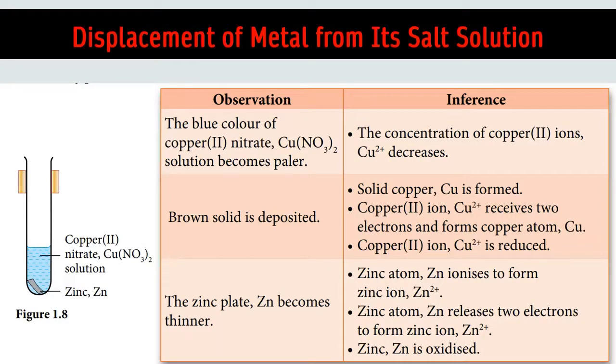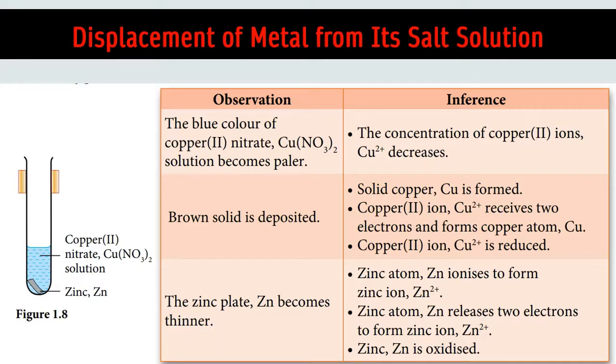Now, let us check the observations and the corresponding inferences for these reactions. In these reactions, the blue color of copper II nitrate solution becomes paler. Sometimes we say it as the intensity of blue solution decreases. It is because the concentration of copper II ions decreases.